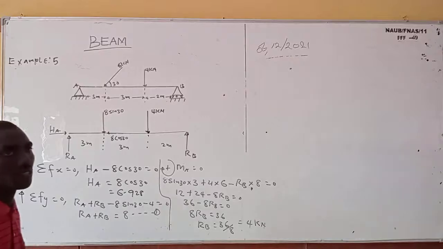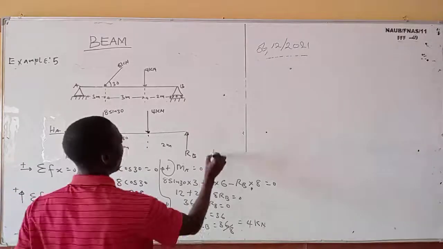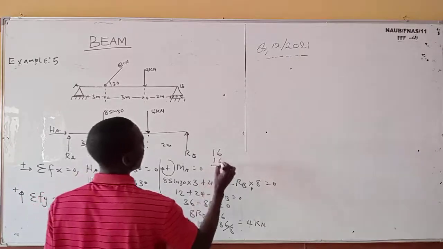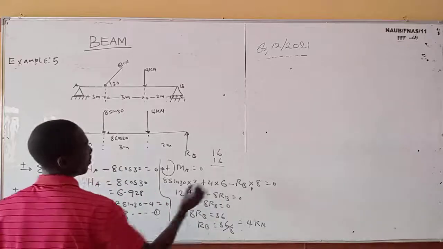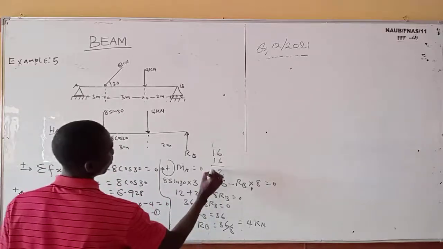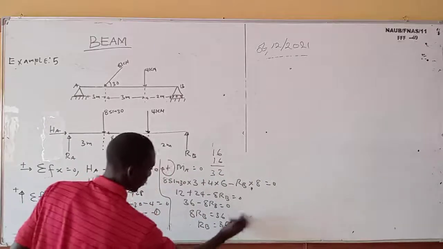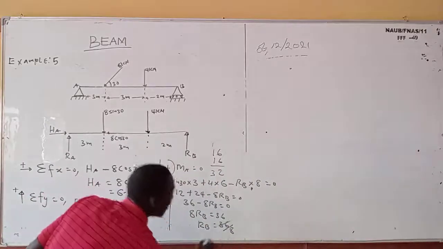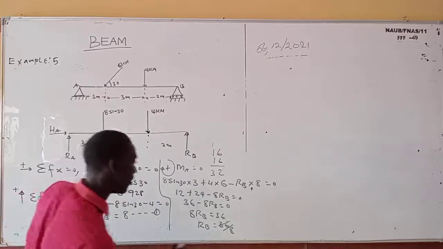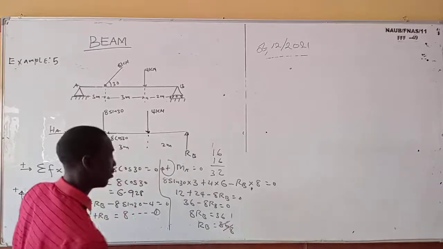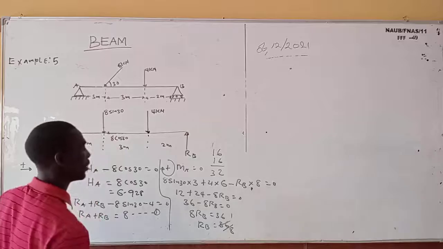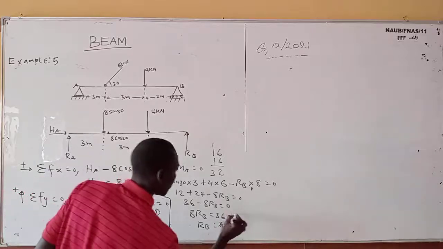Because 8 plus 8, 16. 16 plus 16. 6 plus 6 is 12. Okay, 32. Okay, let me divide this by 10. It seems it's not correct. 2 in 36. 2 in 3 is 1, remainder 1. 2 in 16 is 8.